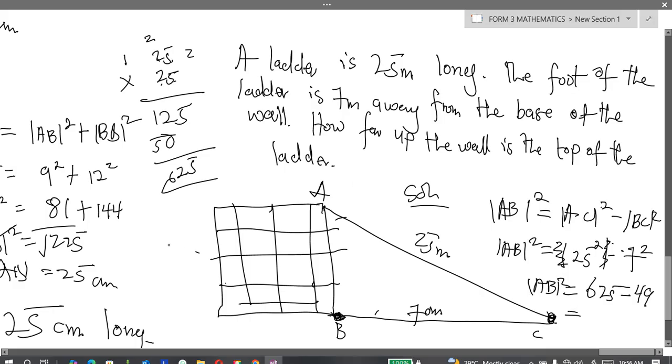So let's come back to the board. 625 minus 49. We borrow 1 from here to this side. It becomes 15. 15 minus 9 gives 6. Then we borrow 1 from here, it becomes 1. Then we borrow 1 to make it 11. 11 minus 4 will give us 7.